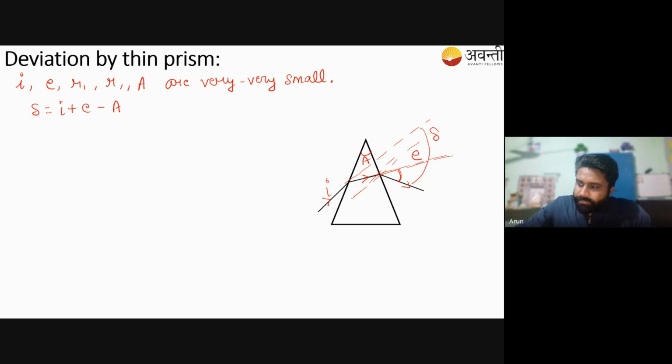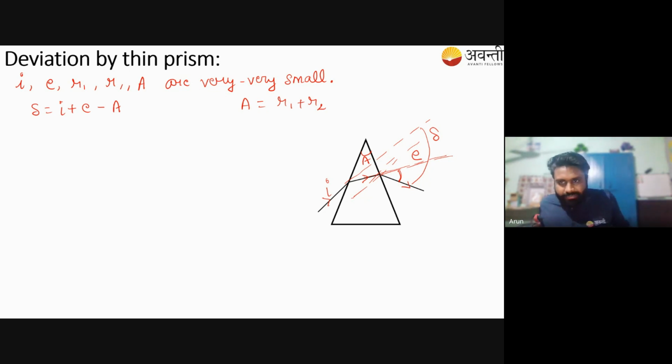If you are finding the deviation from a thin prism, the angle of incidence, the angle of emergence, and the angle of prism are very small. This is the only condition you have to keep in mind. And here A is equal to R1 plus R2.